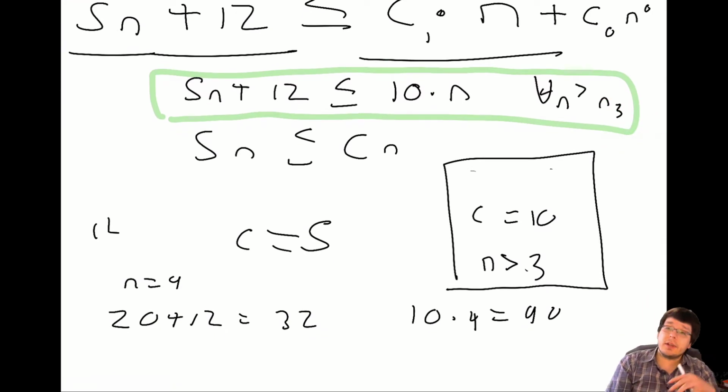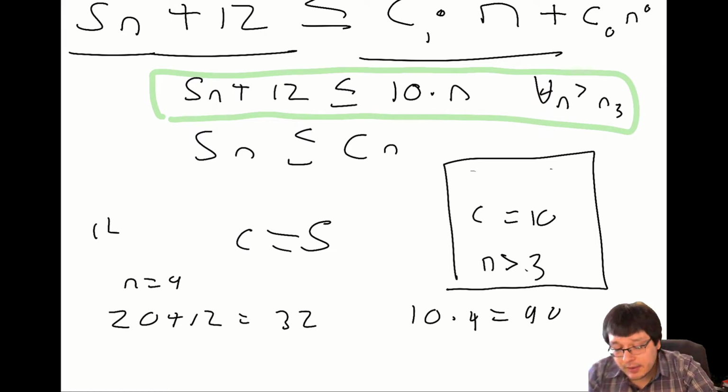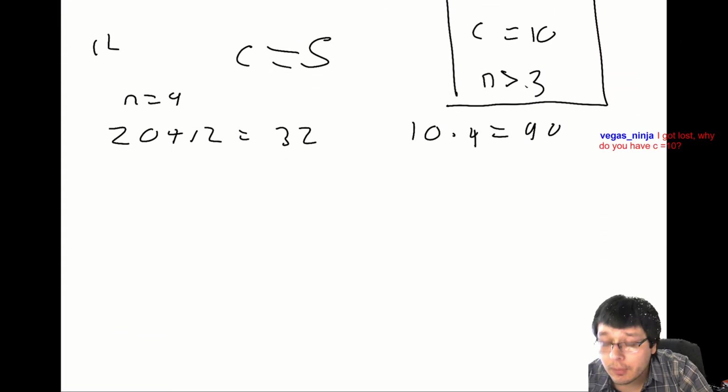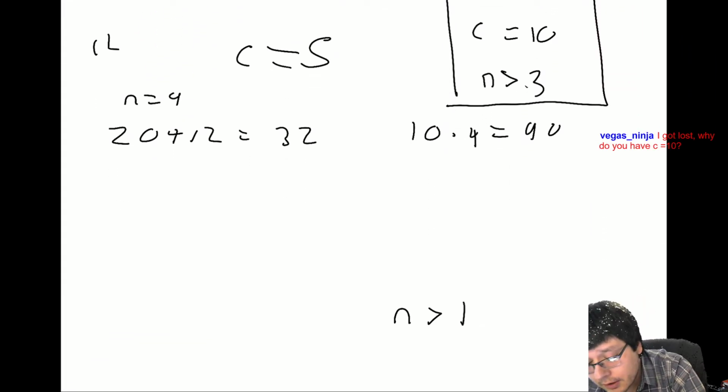How do you get the n3? I just picked the number that was big enough that would make this work. Because if I pick n2, it's not going to work, I think. So if I want to make that lower, let's say, okay, fine. Well, 1 is never going to work because of the plus. We're never going to get 1 working. But we can do n greater than 1, you know.